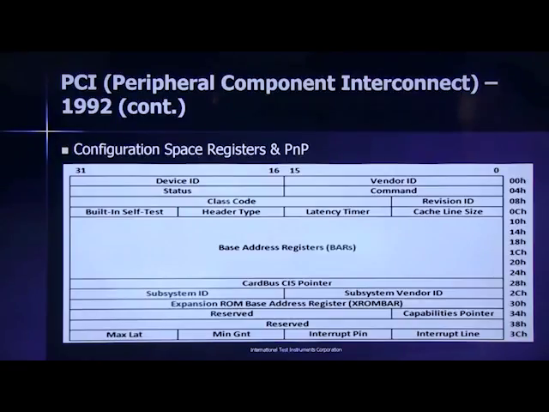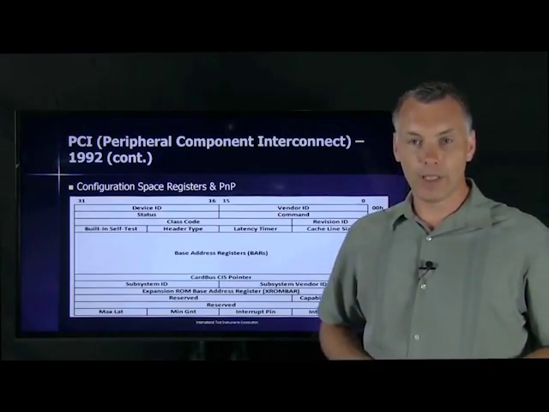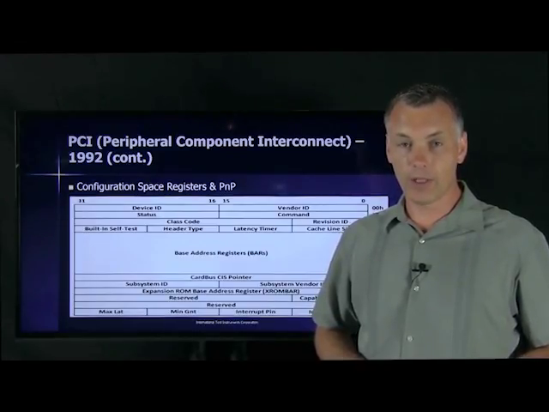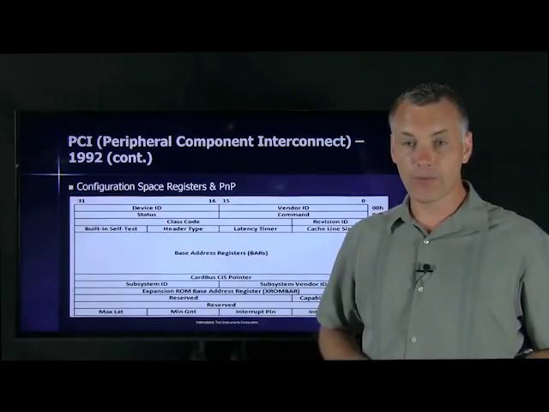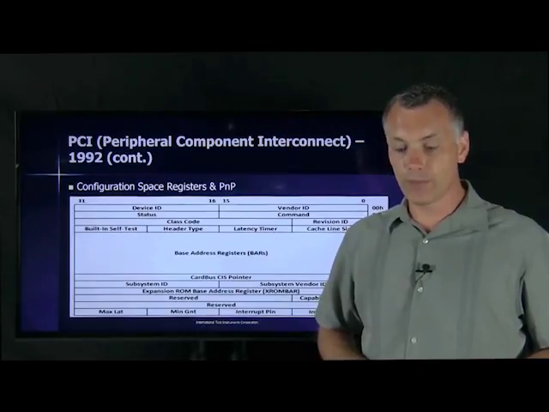Essentially higher priority devices get access to the bus sooner and so forth. I hope that gave you a little bit of overview of how this works. There will be a separate presentation in the future on the PCI bus and the use of the configuration space registers in more detail.